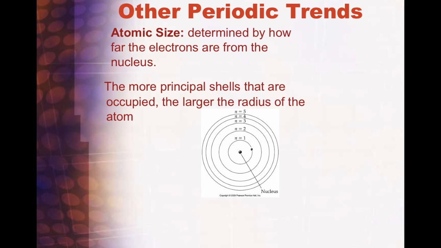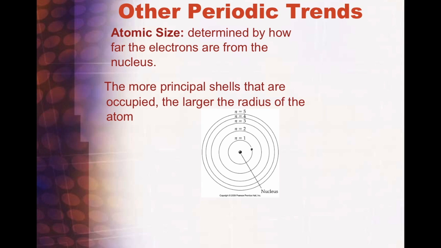All right, so now we're going to look first at atomic size, which is determined by how far the electrons are from the nucleus. The nucleus itself takes up hardly any space at all, so it's mainly the space that the electrons take up. If you look at the principal shells, remember they don't really look like these rings, but they do get larger as we go out.